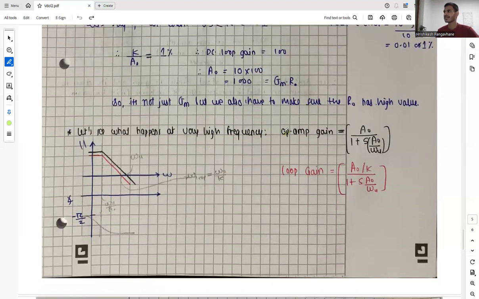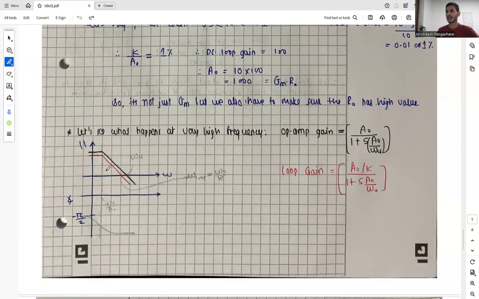So let's see what happens at very high frequency. We know the opamp gain is A naught divided by 1 plus S times A naught by omega u, and our loop gain in the negative feedback loop is A naught by K divided by 1 plus S A naught by omega u. The red curve denotes our loop gain, and the black curve denotes our opamp gain, and this is a Bode plot, and the phase change is the same for both.